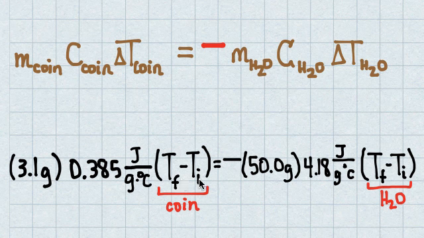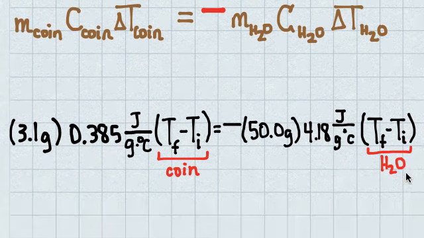Change in temperature, this TF minus TI, those will be a little bit different than this TF and TI. The TF of this will be the same as the TF of this, right? Yeah, it will be, because the coin and the water come to the same final temperature. But the TI of the coin is very, very hot, and the TI of the water is room temperature.